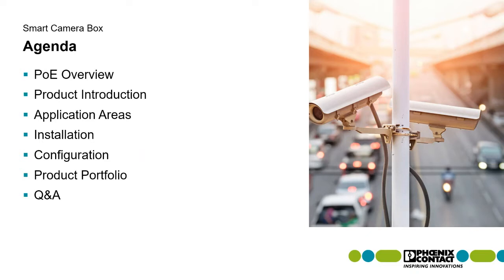Then we'll go into some of the installation features it has. This is where the main benefit of the box lies. And next, we'll go into some of the nice configuration features it has, and go through a little bit of the product portfolio. And then again, any of the questions that we might not be able to answer throughout the presentation, we'll answer at the end.